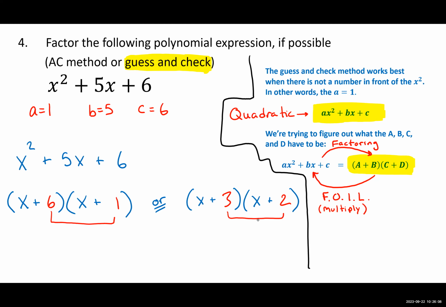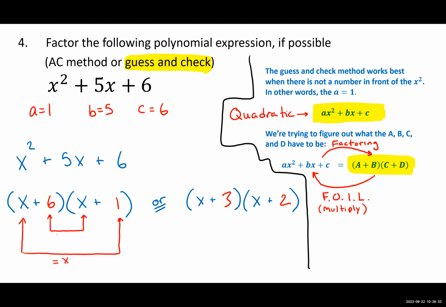But now outer and inner. Right? So if we multiply outer times outer, and then inner times inner, in this case, outer times outer is x times 1, which is x.